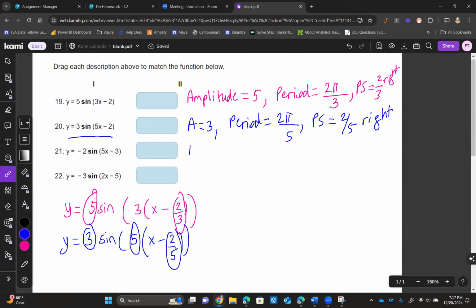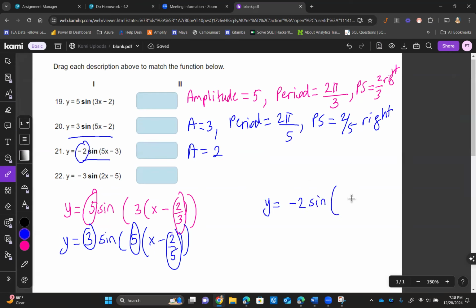This one, again, amplitude is always the absolute value of this number. So even though the function starts with a -2, amplitude is always a positive number because the absolute value of -2 is just 2. But before I do that, let's just rewrite the function. I have a -2 sine parentheses.